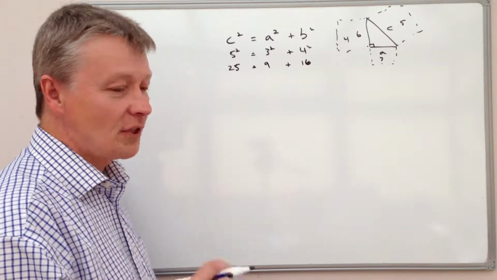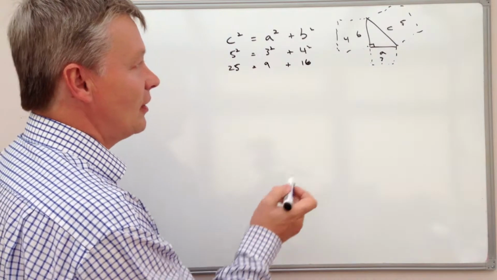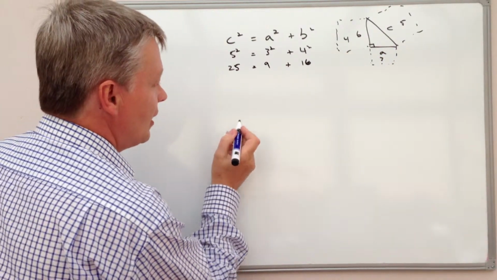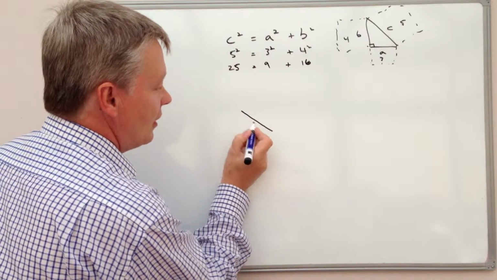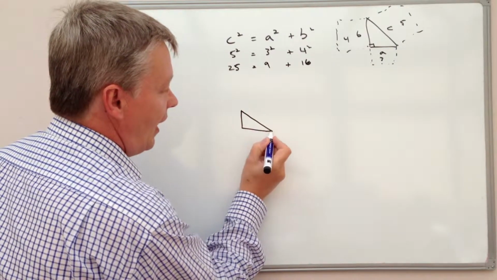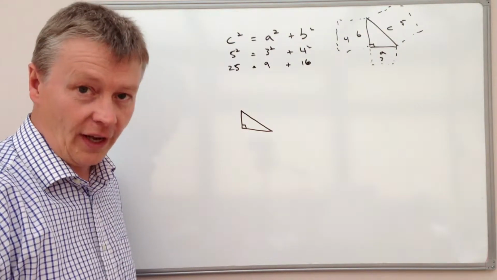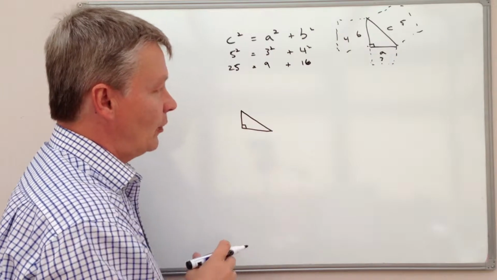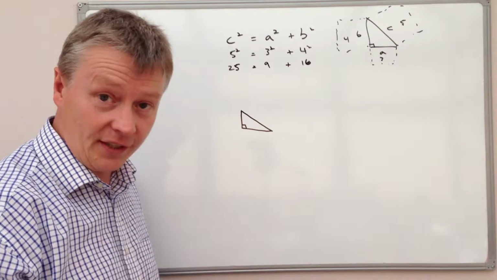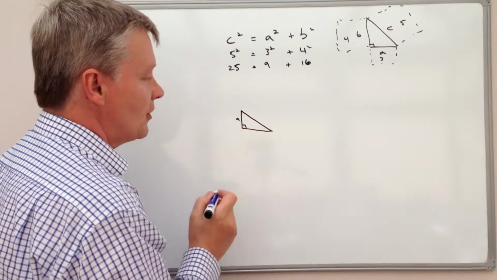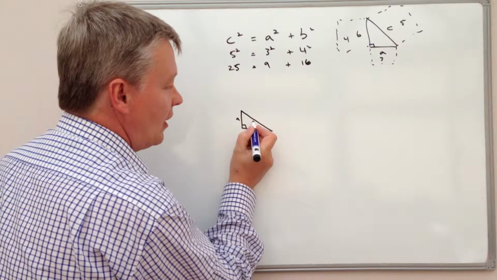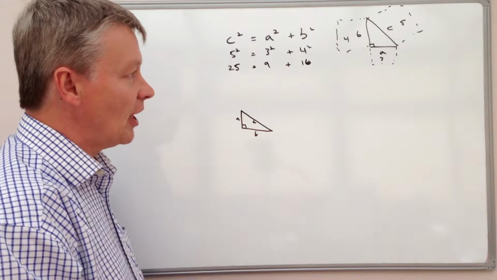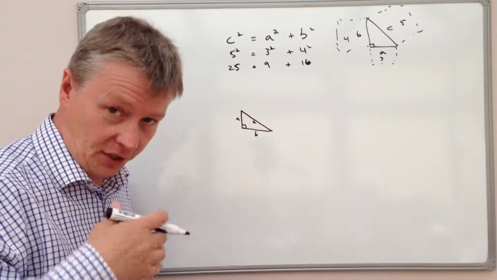And what we do is we say, well, actually, if you imagine that we're going to tip one of these squares on its side, so the hypotenuse is like that, and we've got a right angle there. Well, if we then take that and we just put the normal letter designation, so A for the small side, B for the long side, and C for the hypotenuse, we're going to now build up a picture of a square.